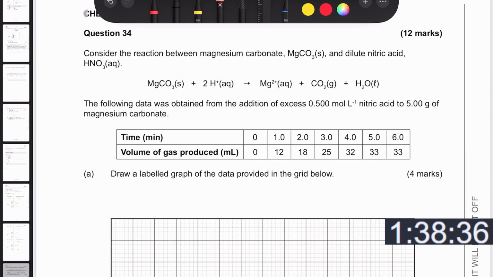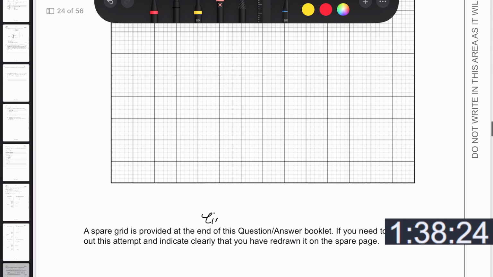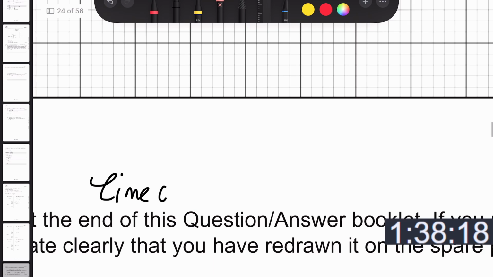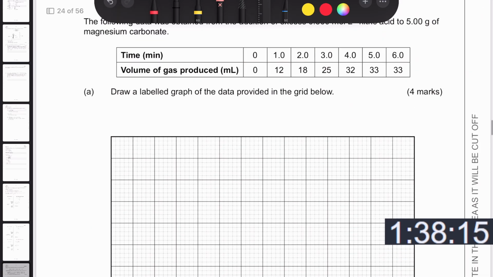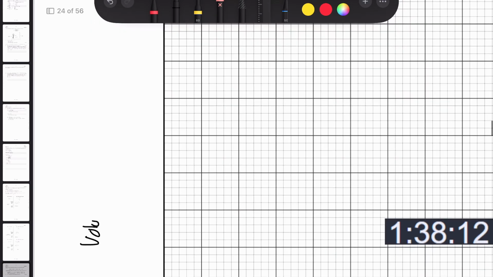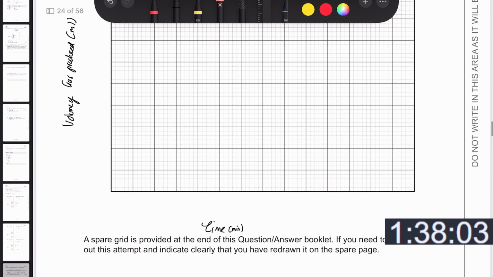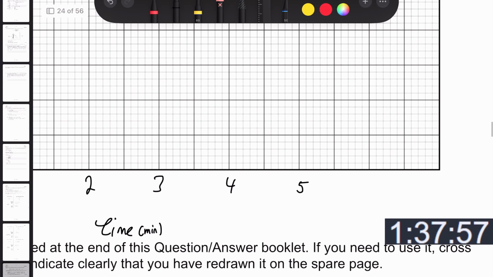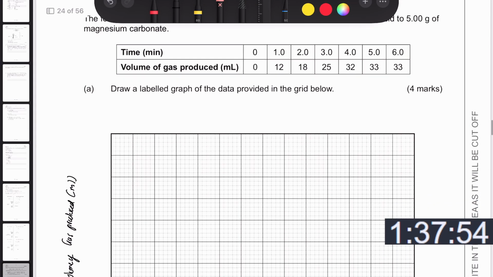Okay, consider a reaction between magnesium carbonate and dilute nitric acid. The following data was collected: excess acid was added to 5 grams of magnesium carbonate, and the volume of gas produced was recorded over time. Draw a labeled graph of time and volume. So this has to be in minutes, and then volume of gas produced in milliliters. So going 1 to 6, I can do every second, 2, 3, 4, 5, 6, and then up to 33.